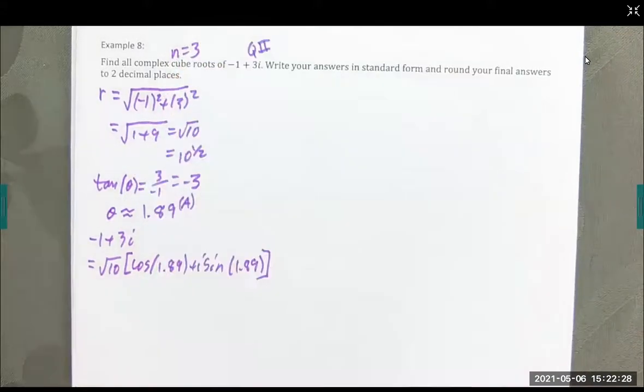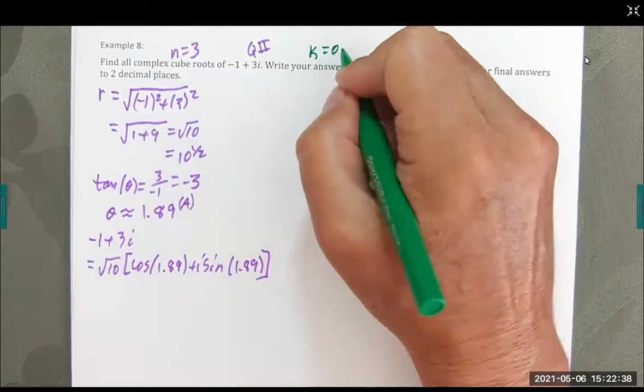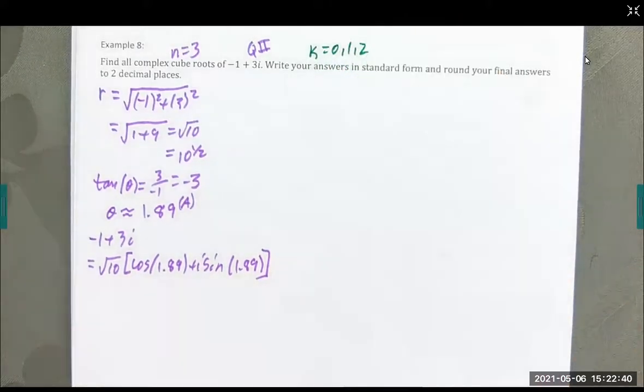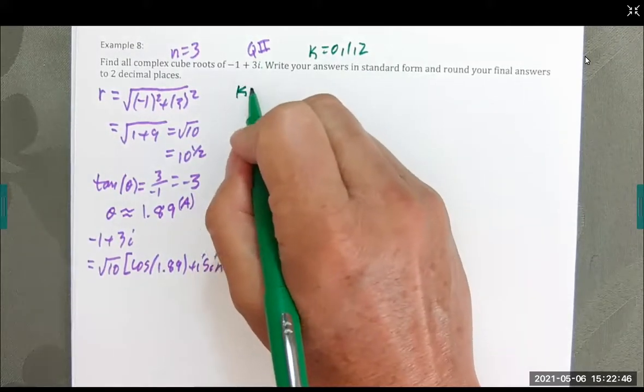It's no longer 2. So let's get started on this. So k is now going to go from 0, 1, and 2, right? It goes to n minus 1. So there's going to be 3 answers in this case. We'll start with k equals 0.